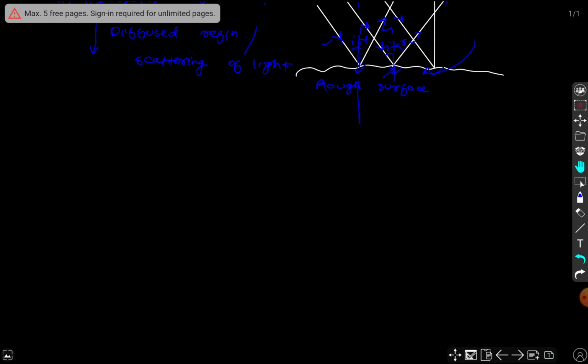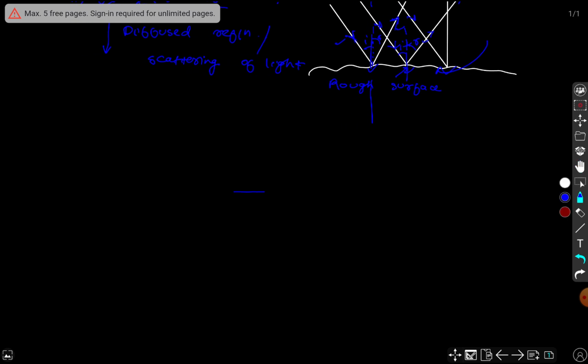That is, if the object is smooth at the microscopic level, when you zoom into the surface, then you will hardly be able to detect the interlockings or the rough part. So that is what being smooth at the microscopic level is. So whenever there is microscopic smoothness, the reflection will be regular reflection.